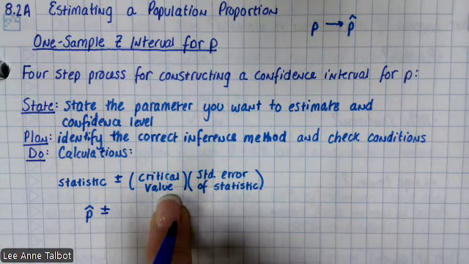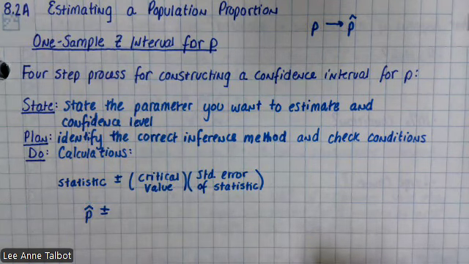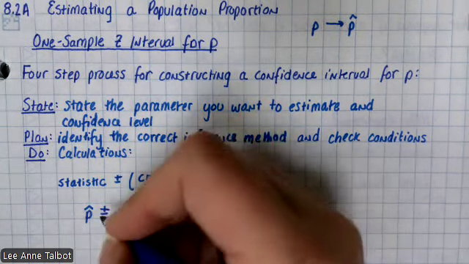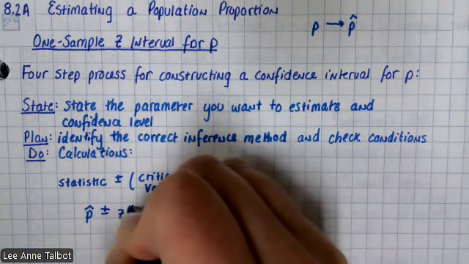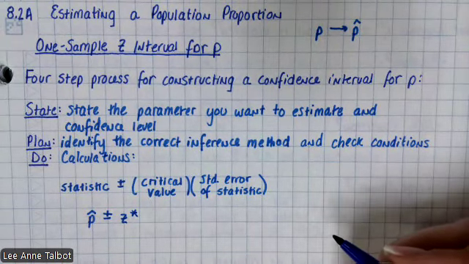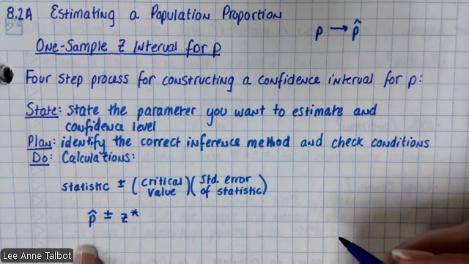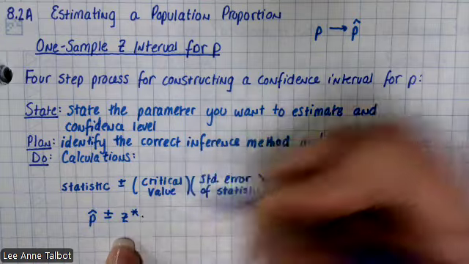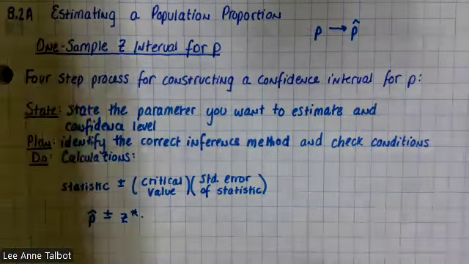That's Z, except we do Z star because we want absolute value. If you were not here yesterday, that's going to sound like I'm speaking a different language, but if you watch yesterday's video, it'll make more sense, I promise. Z star times the standard error of the statistic.